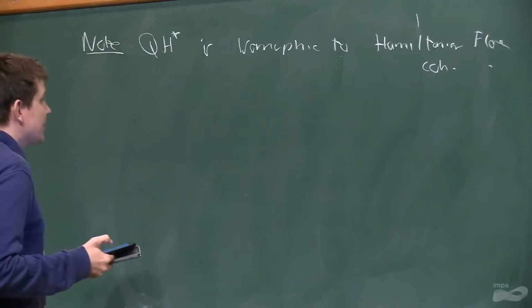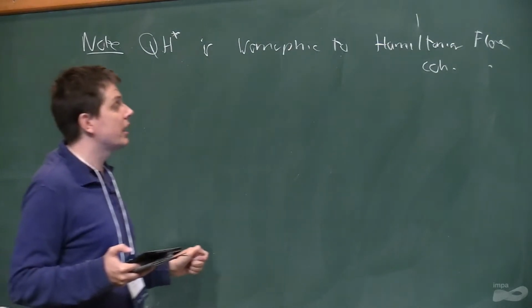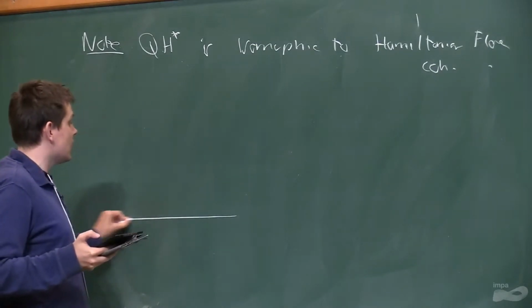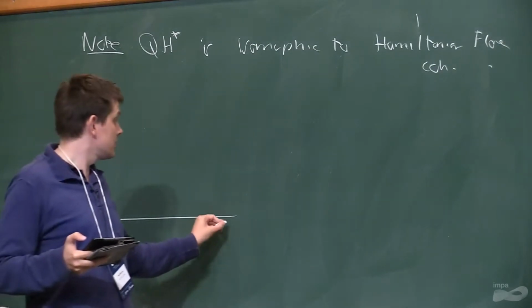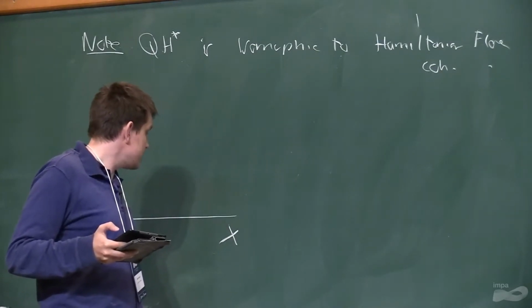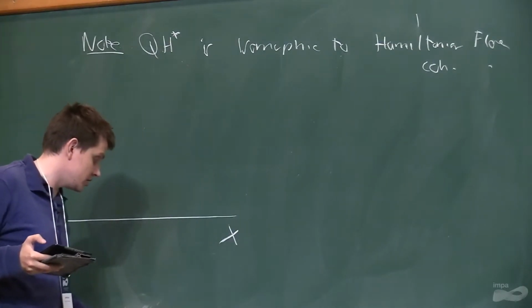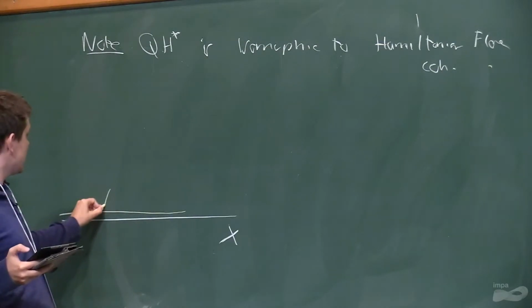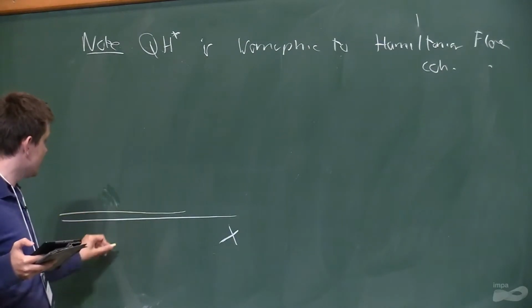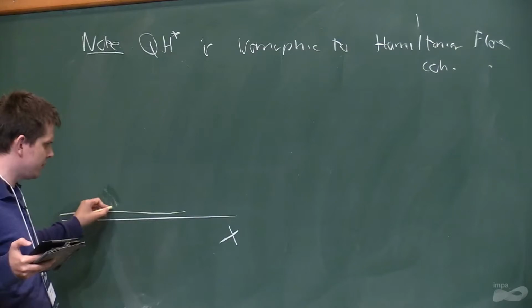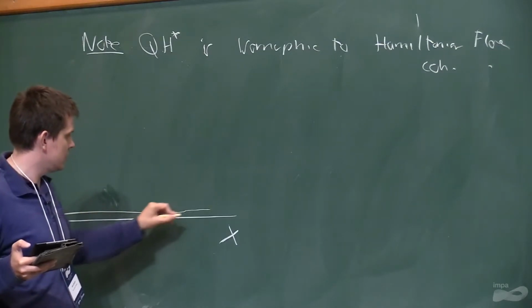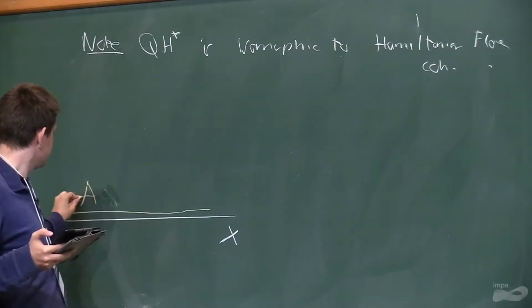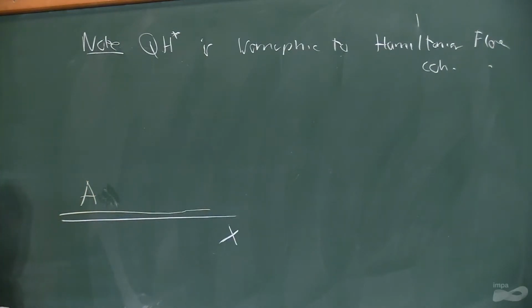So maybe I'll draw schematically what's going to happen. I'm going to write X as a line, like this. And inside X, we have A. Let's put A above, like this.